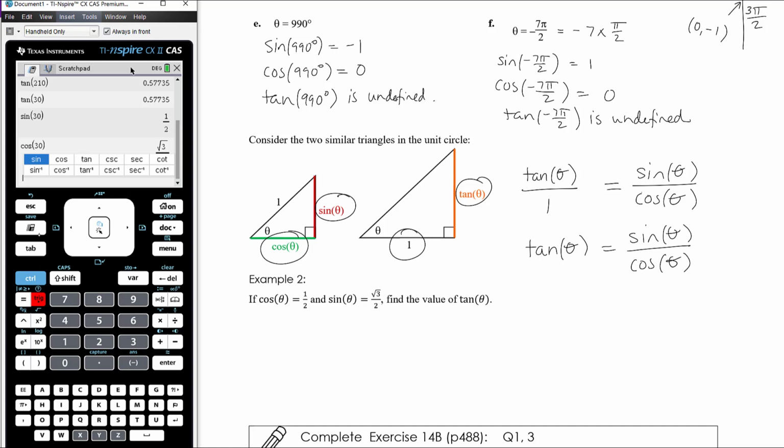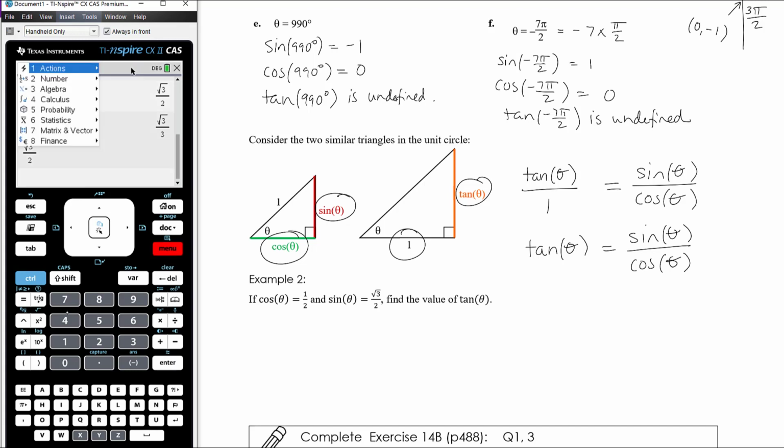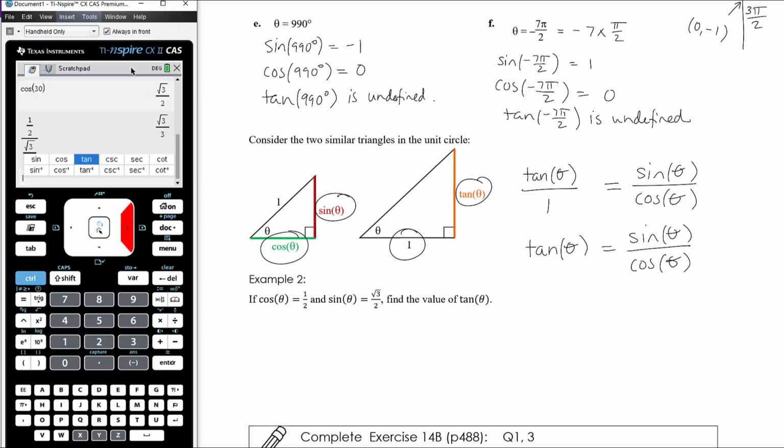Okay, so let's have a think first of all before I calculate tan of 30. Let's work out what sine of 30 divided by cos of 30 is. It's root 3 on 3. Okay, so now let's work out tan of 30. It is indeed root 3 on 3. And obviously I've only shown that for one particular value, but this is true for any angle.